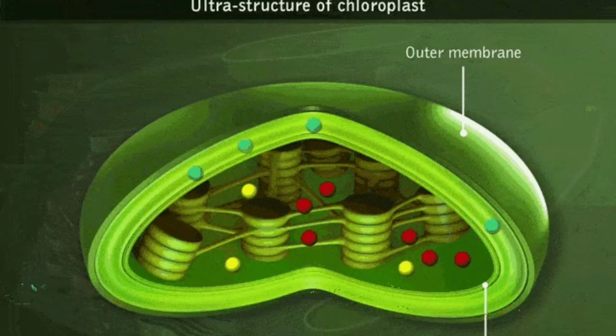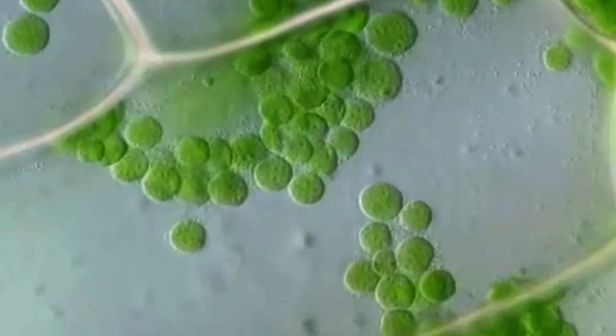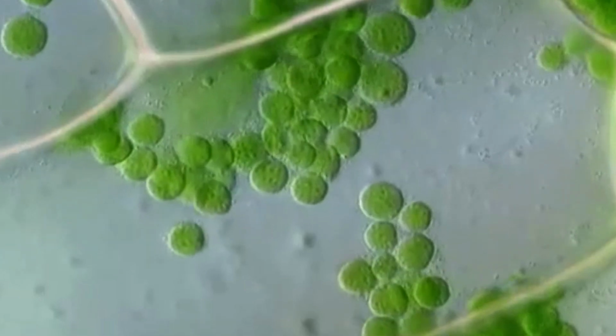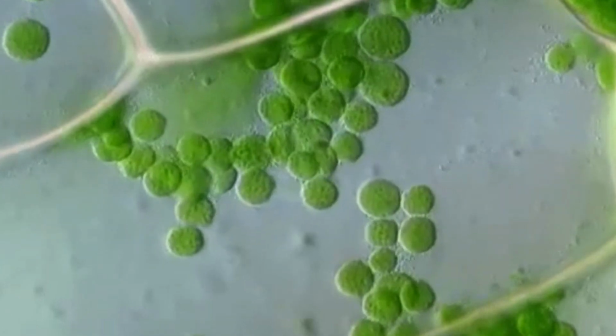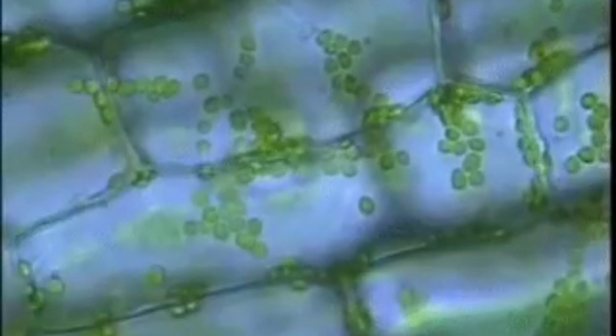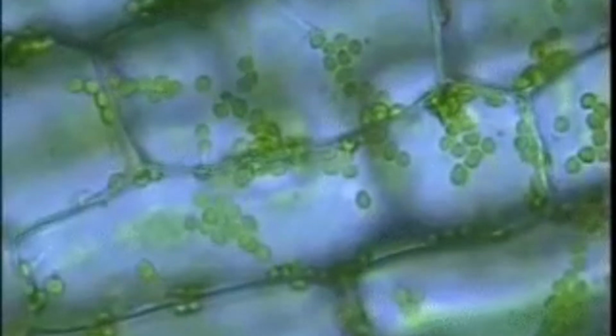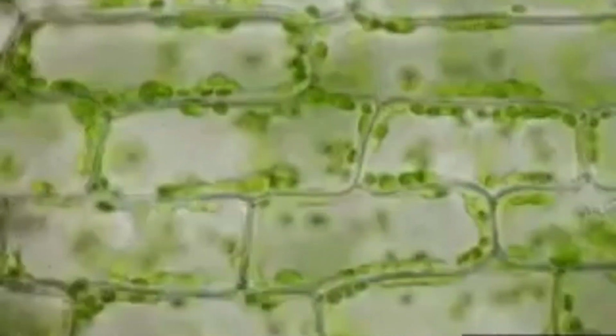The plastid is a membrane-bound organelle found in the cytoplasm of plant cells and certain protists, which can harvest solar energy. They manufacture nutrient molecules and store materials. The term plastid was given by Schimper in the year 1885.